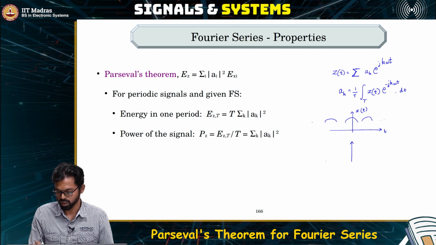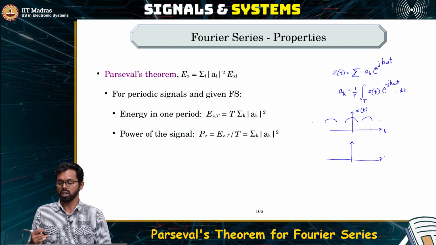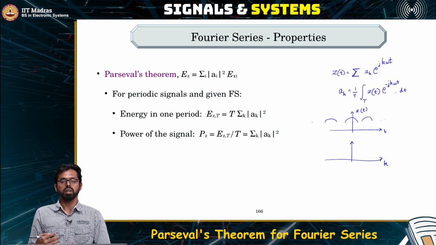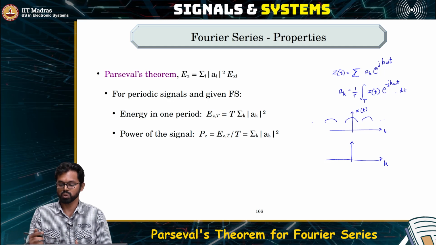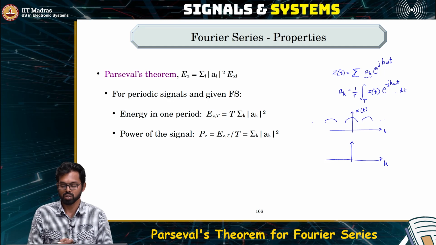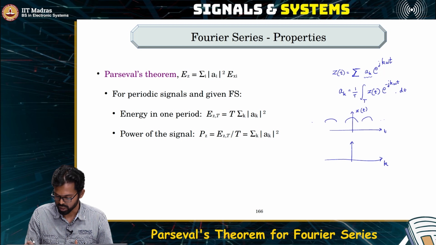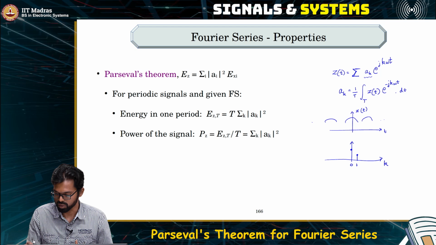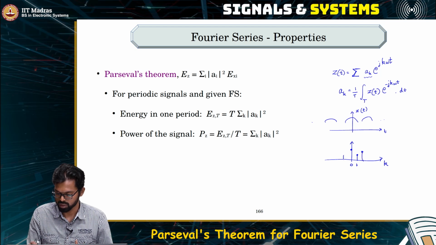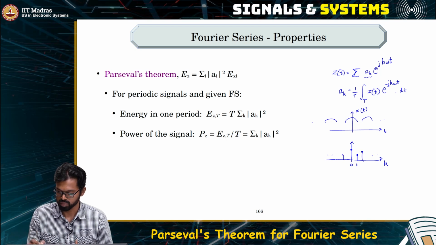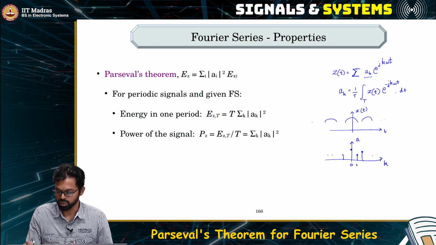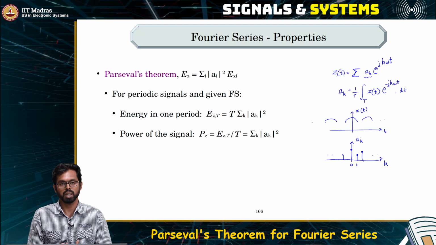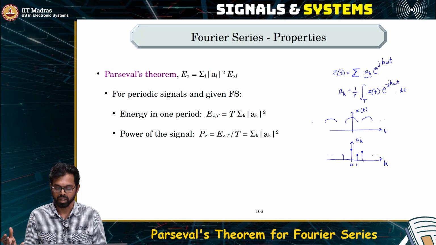There is another way where you represent the signal in terms of the amount of frequency component that is present. All you do is plot these coefficients. If you plot these coefficients, you get something like this. At k equal to 0 you have something, at k equal to 1 you have something, at k equal to 3 something like this. So this is one way of visualizing the same signal. It's not two different things, it's the same thing, but from a different perspective.